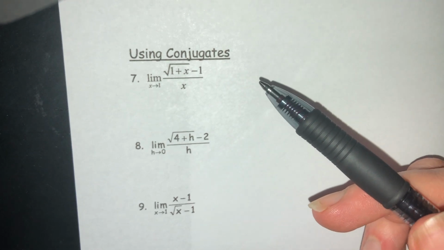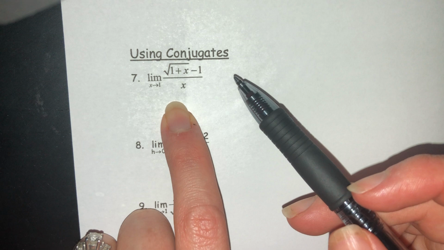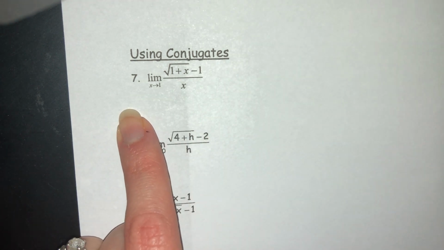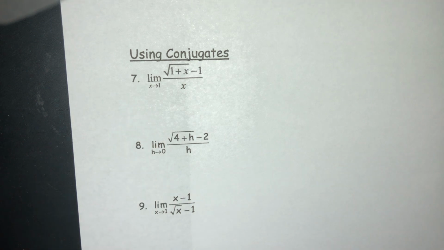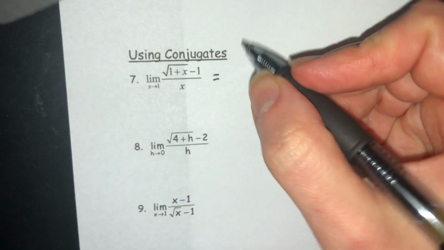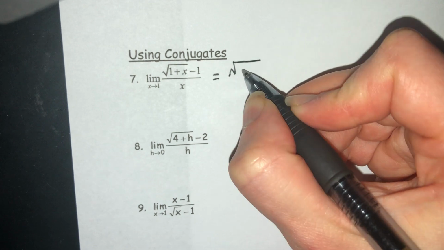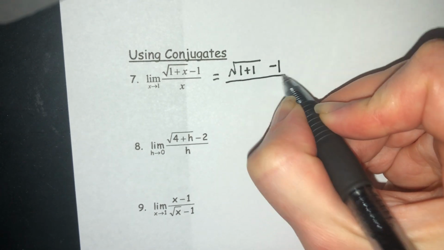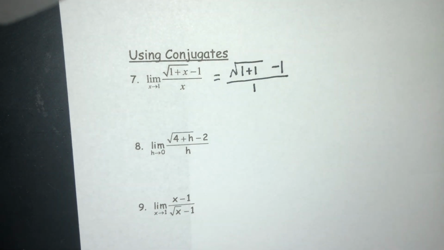That's okay. So even though I put this problem in the using conjugates section and it looks like the others that we're going to do using conjugates, you need to be in the habit of checking to see if direct substitution would work first, because if you can use direct substitution, you need to use direct substitution. And this one you can. So we're just going to fill in the 1 in place of both of the x's in the function.